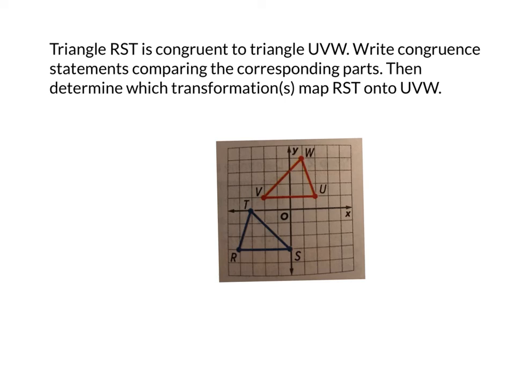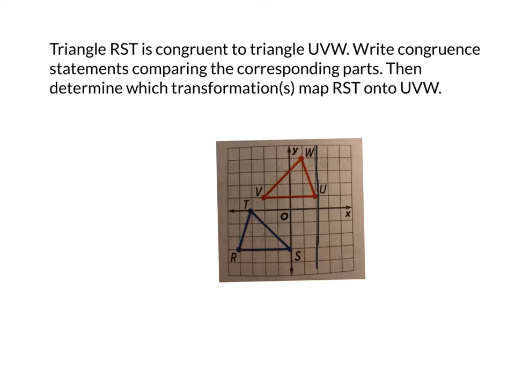Write a congruence statement comparing the corresponding parts, then determine which transformations map RST onto UVW. So I'm going to start with the transformations because sometimes it might not be as easy to visualize which angles correspond if the shapes are not going the same way. And maybe you don't need to do this, but this is just how I would start.